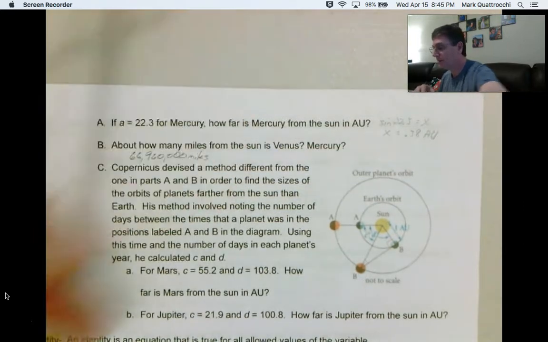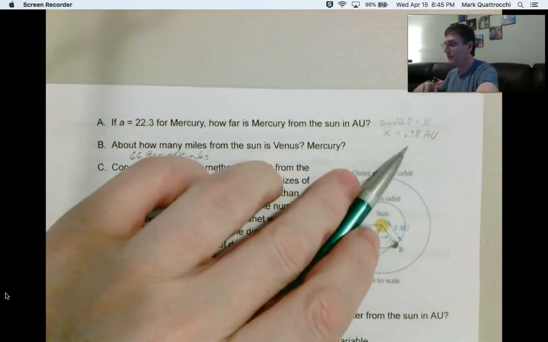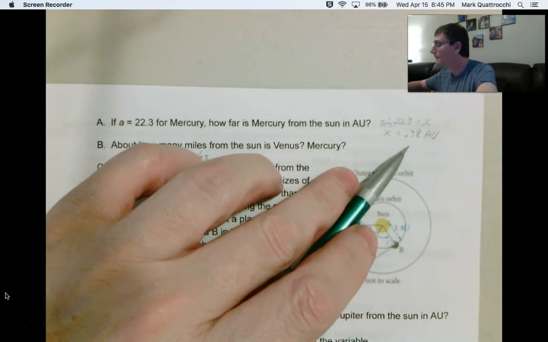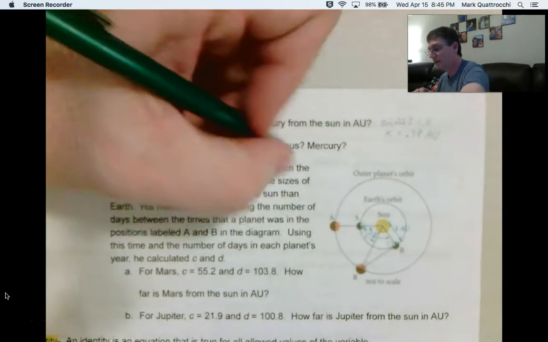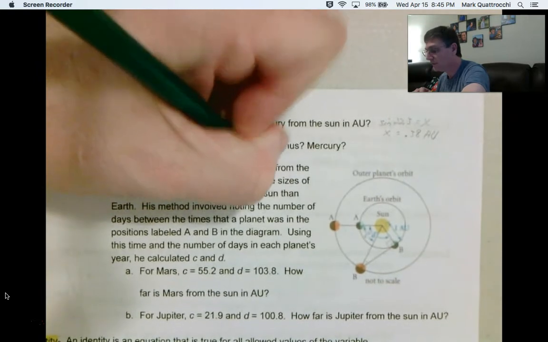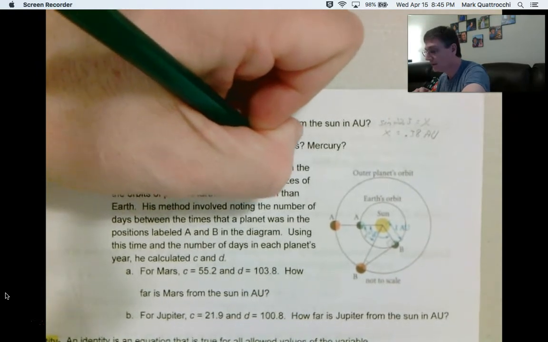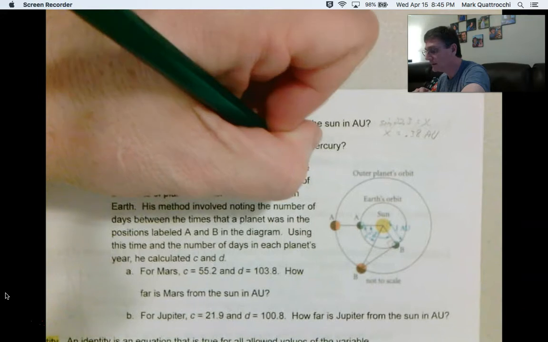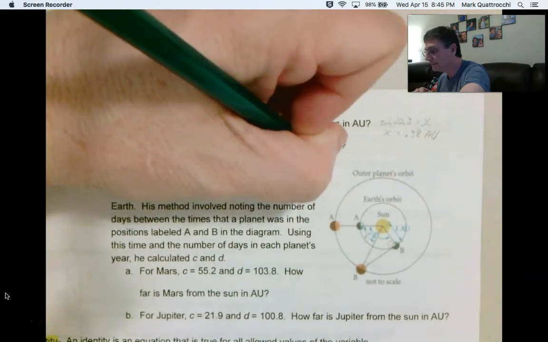Mercury is going to be 93 million times 0.38. And that gives us 35,340,000 miles.